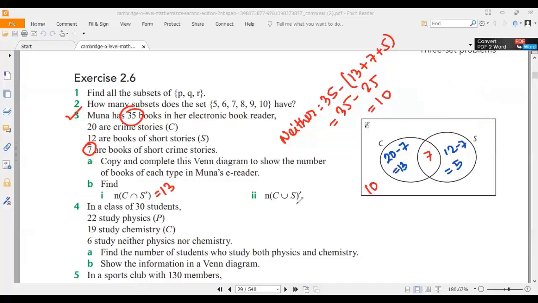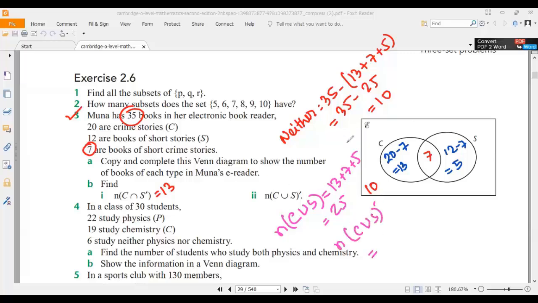Now, n((C ∪ S)'). At first, what is C union S? The number of C union S will be 13 plus 7 plus 5, that will be 25. And what is n((C ∪ S)')?